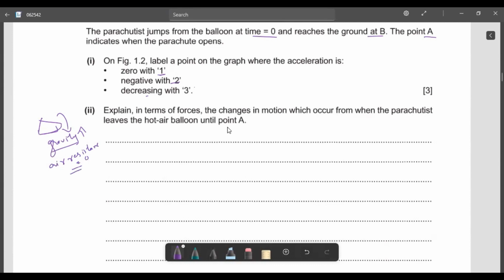As the speed increases, the air resistance also starts rising. And at some point, he will reach the terminal velocity.